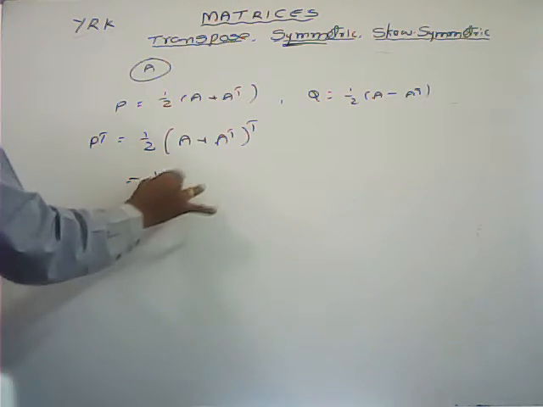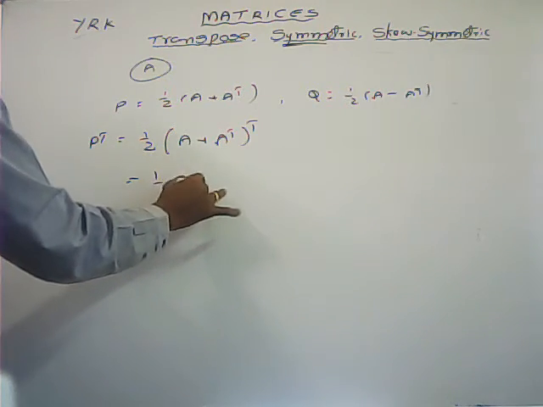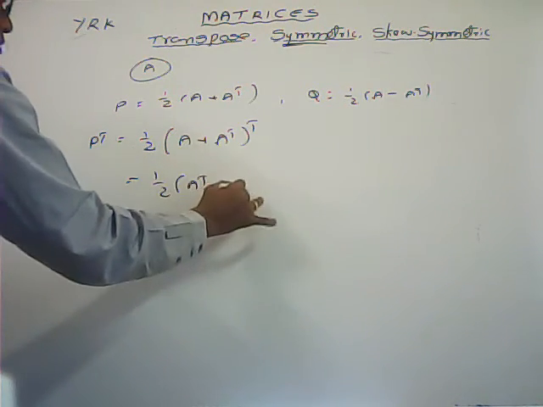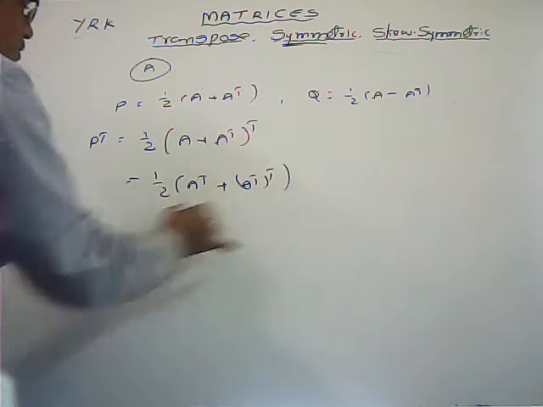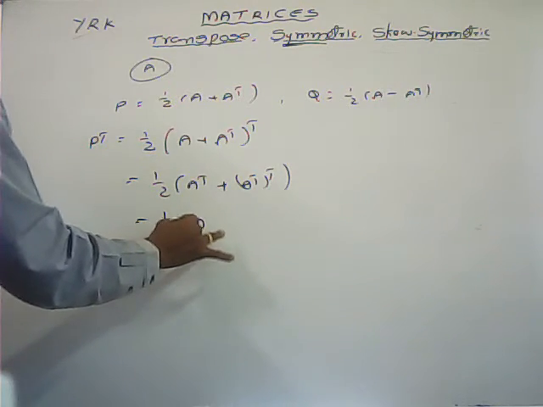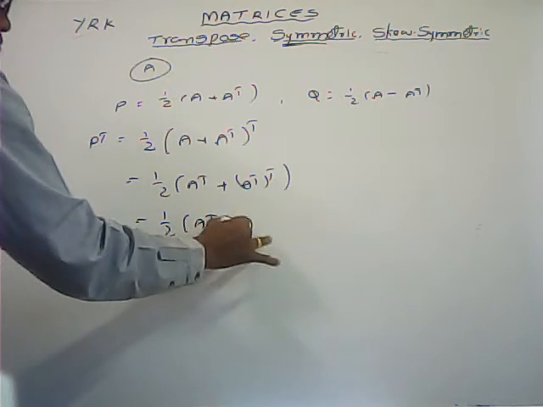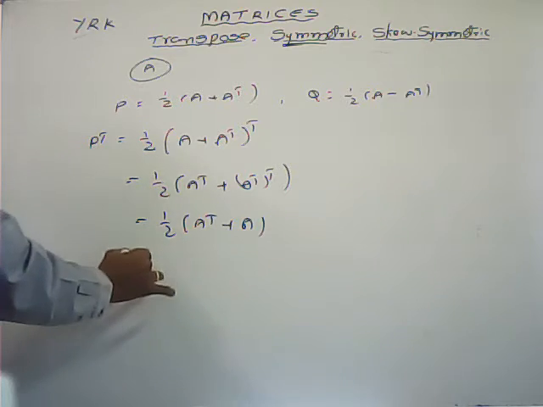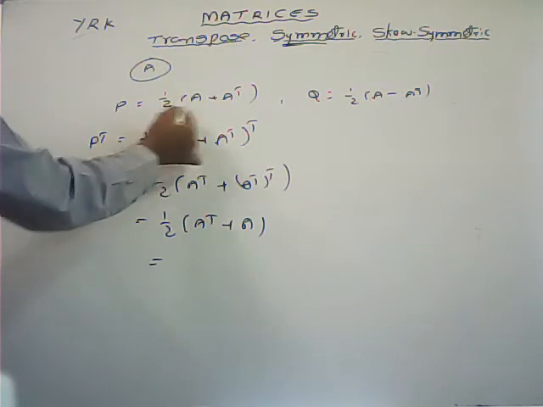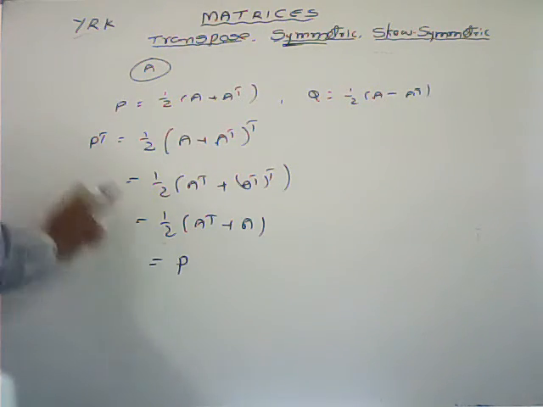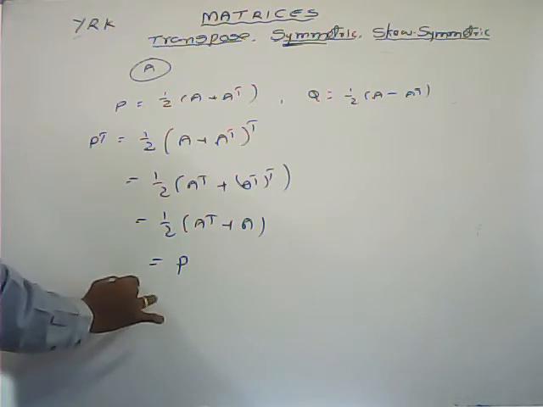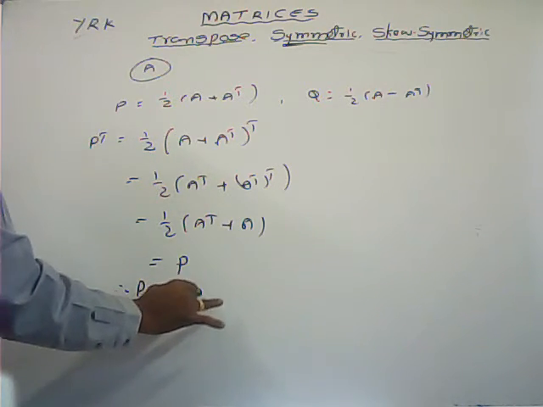A plus B whole transpose we can write as A transpose plus B transpose, that means A transpose plus A transpose whole transpose, which is equal to A. This is equal to half of A plus A transpose, that is P only. P transpose equals P, I got, therefore P is a symmetric matrix.